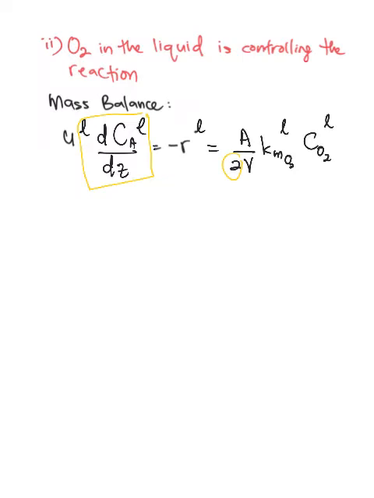Okay, remember in reaction 1, negative RA per A equals negative RB per B. So imagine A is the contaminant, B is oxygen. So we need to divide it by 2, because we write the mass balance in terms of A.